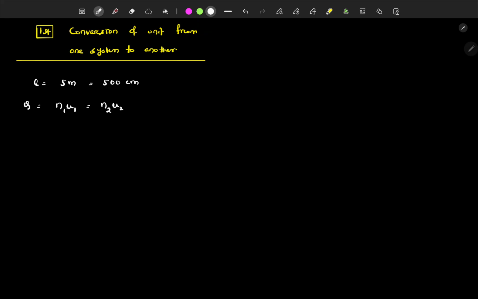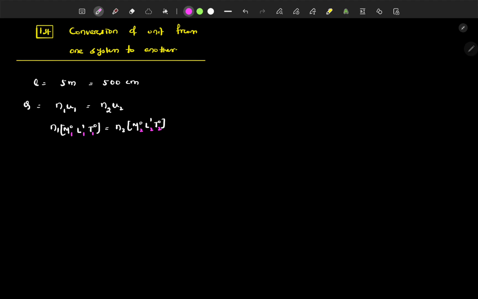So we can write it as N1 into meter, its dimension is L1, that means we can write M0 L1 T0. That equals N2 into U2, which is centimeter, its dimension is M0 L1 T0. But in order to distinguish between first and second system, let's write M1 power 0, L1 power 1, T1 power 0, and M2 power 0, L2 power 1, T2 power 0.